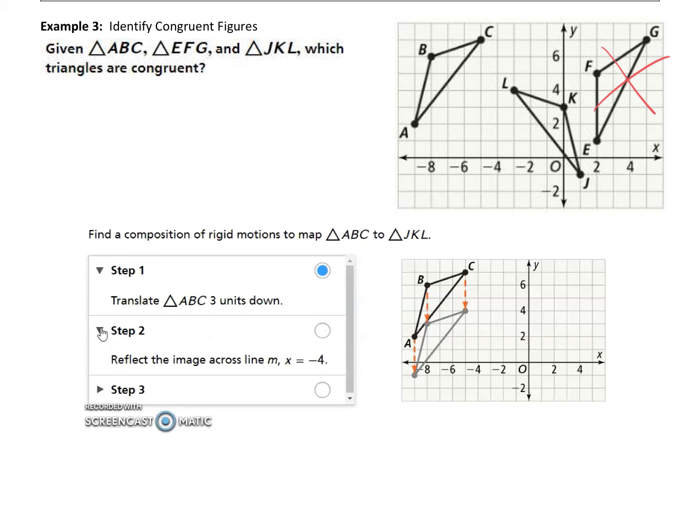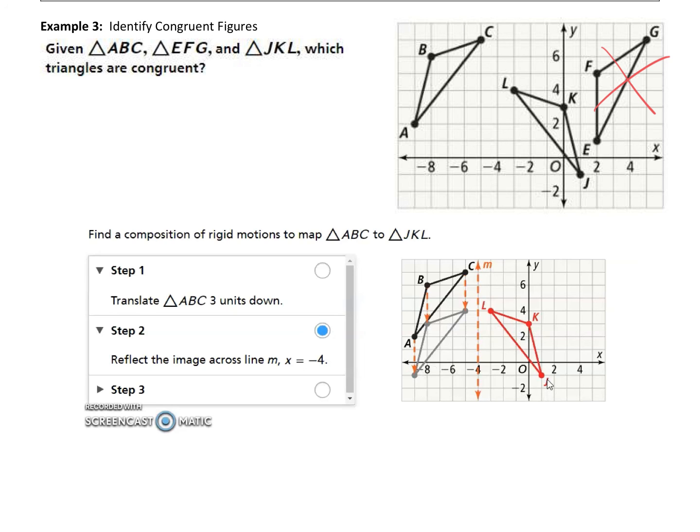So step 2, we can reflect across the line M, which is x equals -4. So if I click on that, here's our reflection line M. So you can see each point got reflected across from here to over here, from here to here.